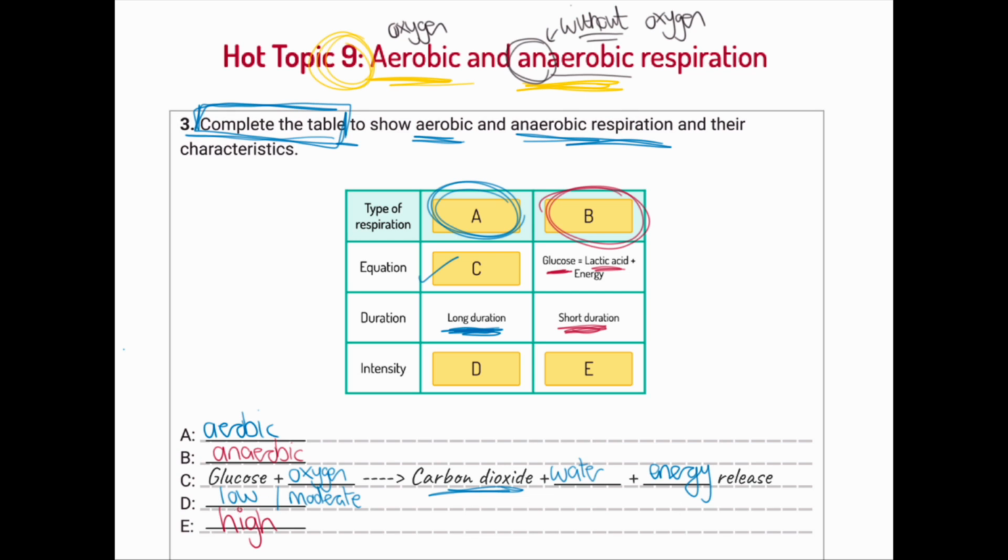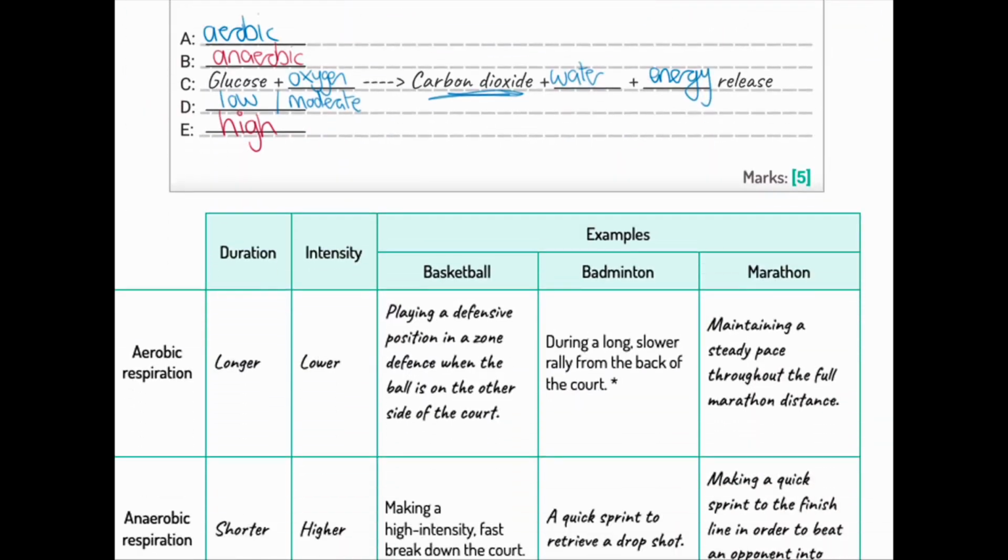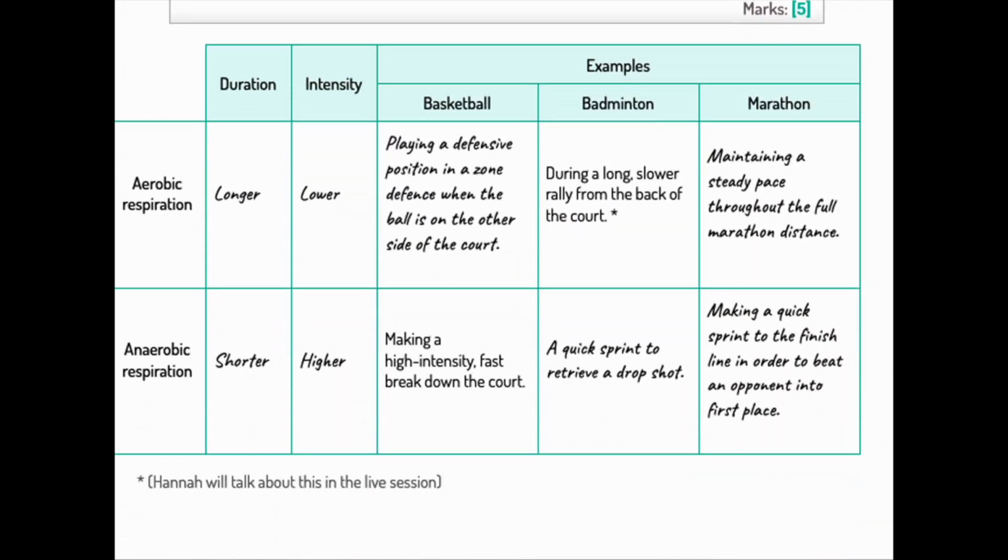Let's scroll on down. Let's look through. Here you go. So I've already gone through the durations and stuff, but let's look back. We've got aerobic respiration. It is long and it is low intensity. So our example in basketball, imagine you're playing a defensive position and it's zone defense.